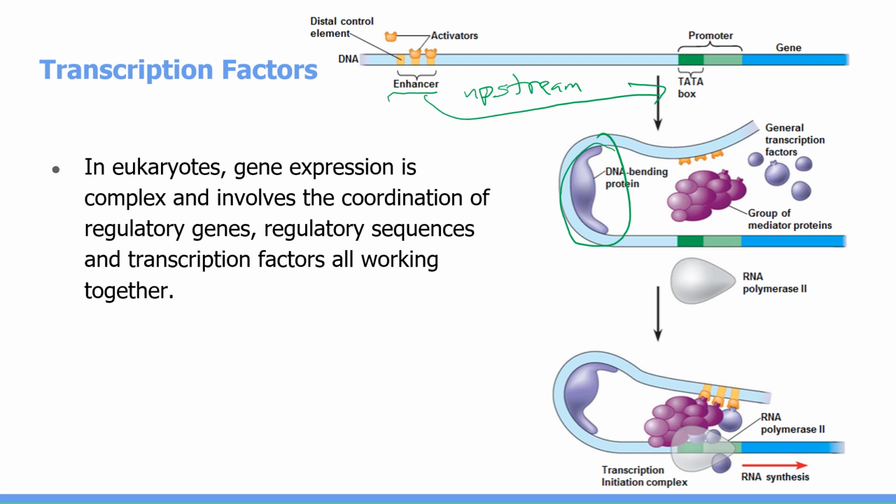And we see a group of mediator proteins here, general transcription factors, all combined to help bind RNA polymerase to start transcription. Gene expression is super complex and involves the coordination of regulatory genes, regulatory sequences, and transcription factors all working together.